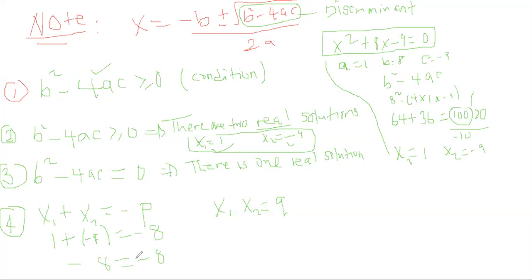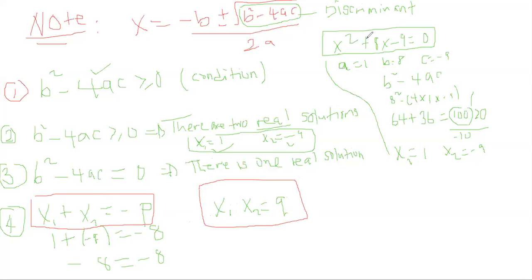So what it is telling you here is very simple. If you find the solution to a quadratic equation and add the roots, it should give you minus p. And if you multiply the roots of the quadratic equation, they should give you the constant.